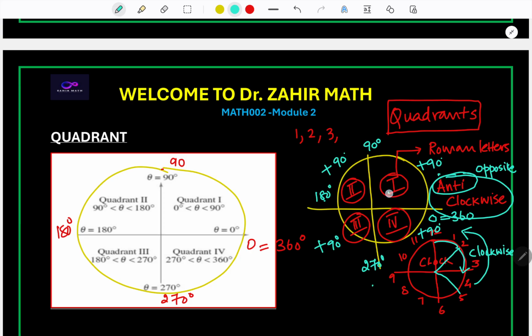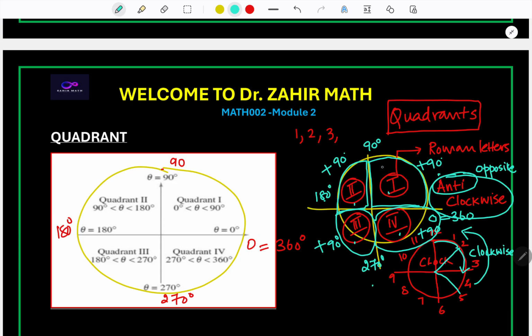So this is your first quadrant, this is your second quadrant, this is your third quadrant, this is your fourth quadrant. In the first quadrant you will have the angles from 0 to 90. In the second quadrant you have 90 to 180. In the third quadrant you have 180 to 270. And in the fourth quadrant you have 270 to 360.